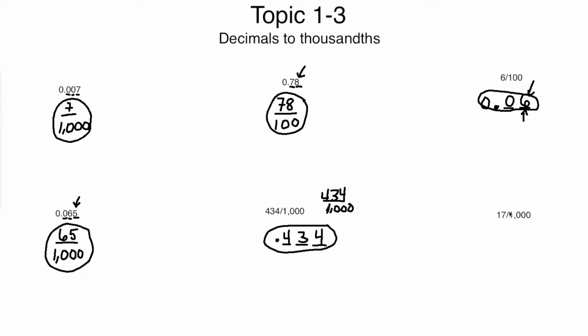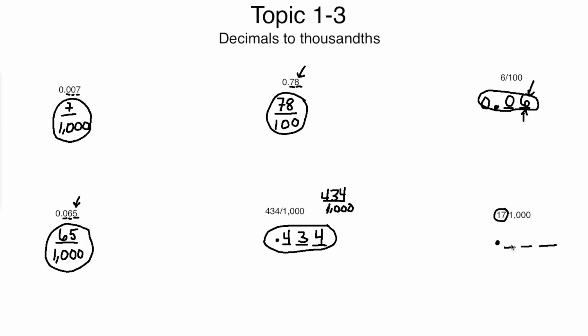Now, here's 17 divided by 1,000, or 17 over 1,000. But how do you write that as a decimal? Go ahead and hit pause. Okay, so here's our decimal. The first place value to the right is the tenths, the hundredths, and the thousandths. Okay? There's only 2 digits, correct? I have 3 place values. So how do you write 17 over 1,000 with 3 blank marks?